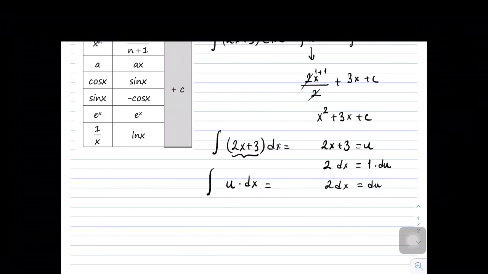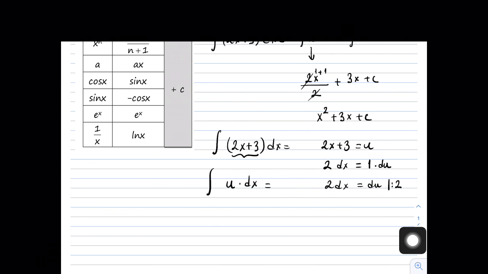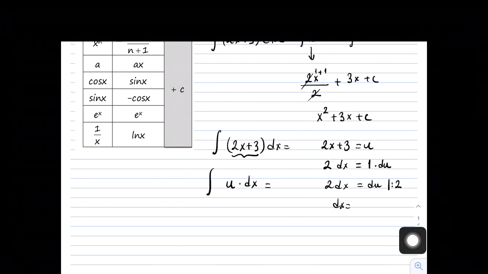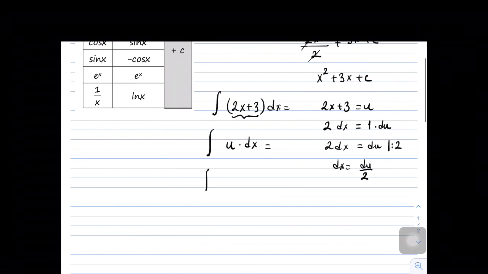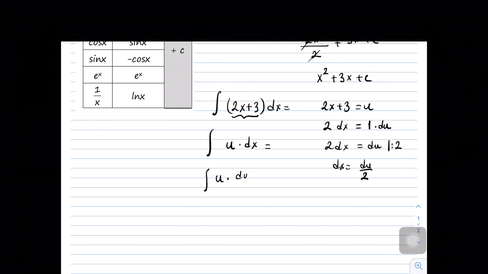What I'm going to do, instead of dx here, I am going to write what dx is equal to. dx is, let's say, divided by 2. dx is equal to du divided by 2, right? And then u times du divided by 2.